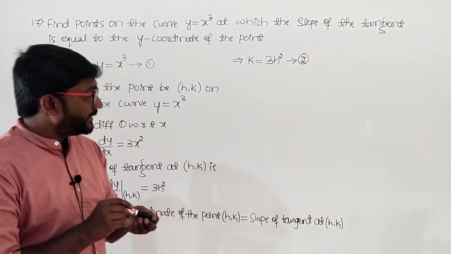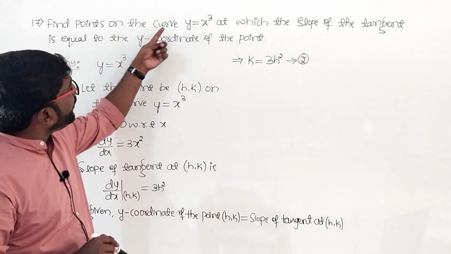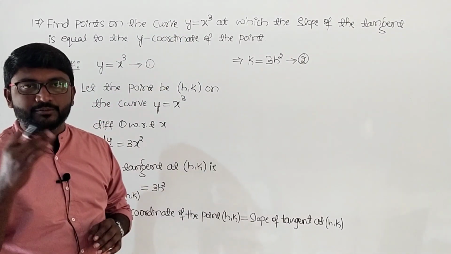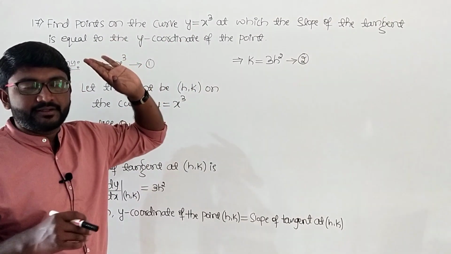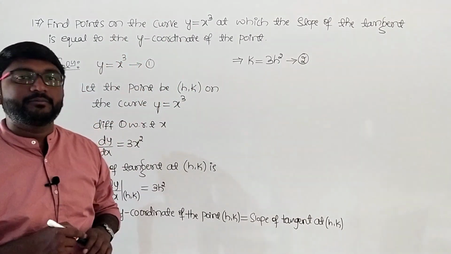And then he says point on the curve y equal to x cube. That means the point h comma k lies on this curve. So it has to satisfy the equation.